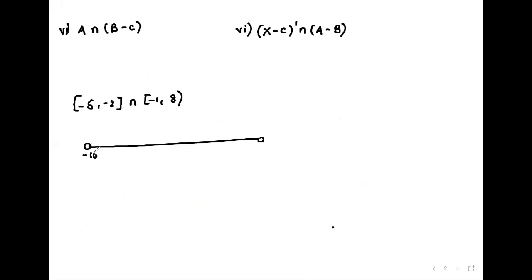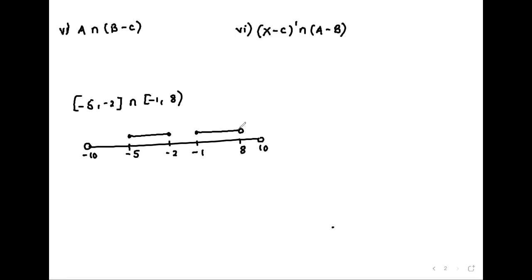So if you put on the number line, this is -10, this is 10. So you have -5 to -2, closed, closed. Intersection -1 to 8.